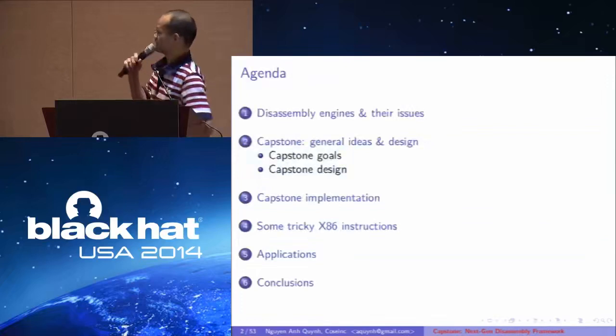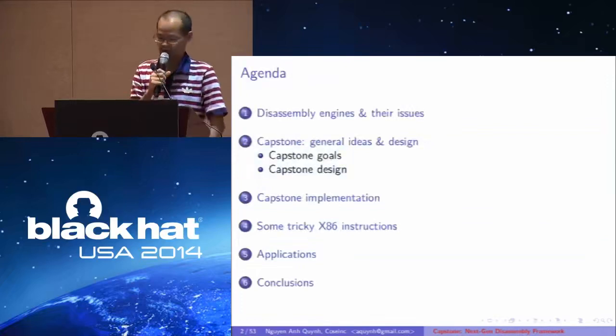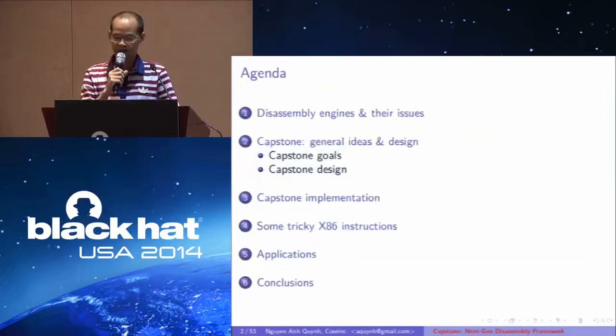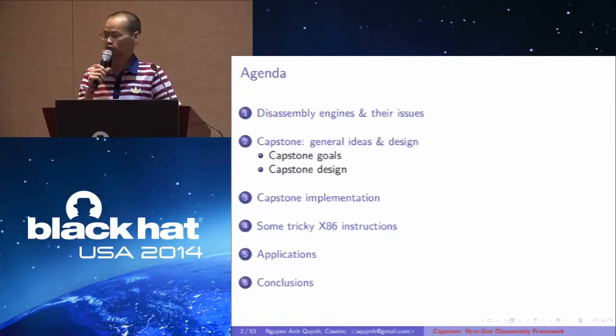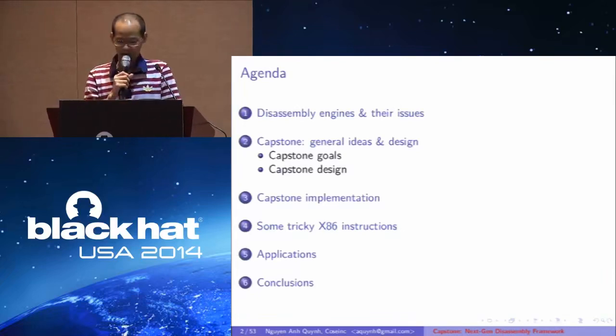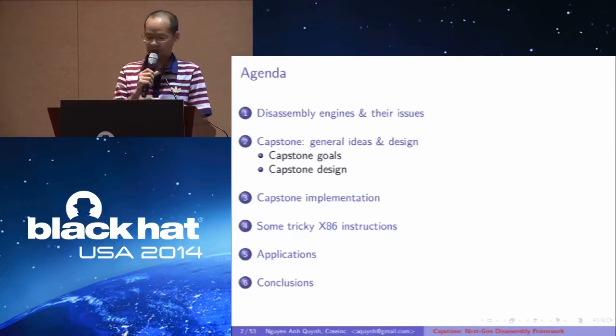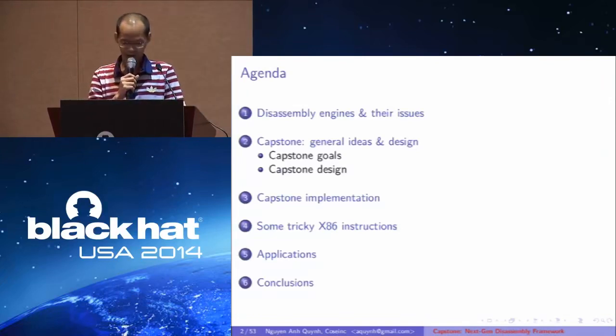Okay, so here's my talk. First, I will introduce the current disassembly engines and their issues. And because all of them have many issues, I need to come up with something that solves all the problems. And Capstone was born. And after that, I will introduce the ideas and the design behind Capstone.